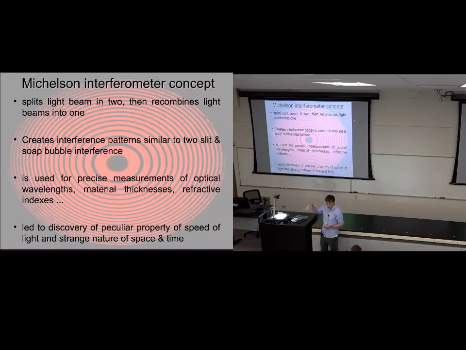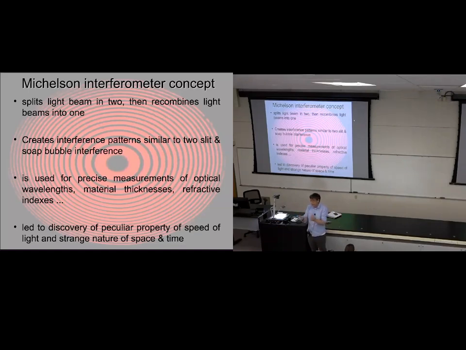And then we'll go on and look at a Michelson interferometer and see in more detail how it works and some equations for how it works. But basically what it does, if we walk through these 4 bullets and what it is used for, it takes a beam of light and it splits that beam of light into two separate beams of light.